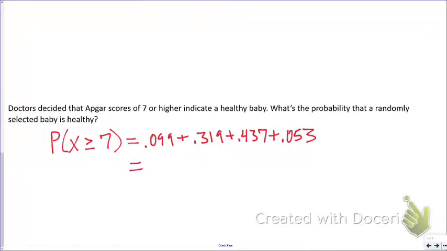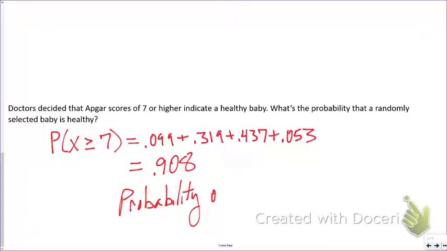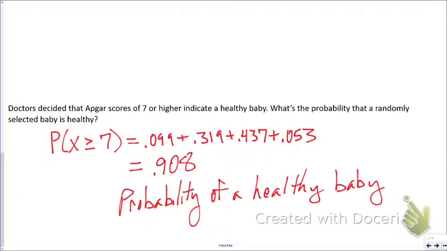So add all those up, and I get 908. So I would say probability of a healthy baby is 90.8.